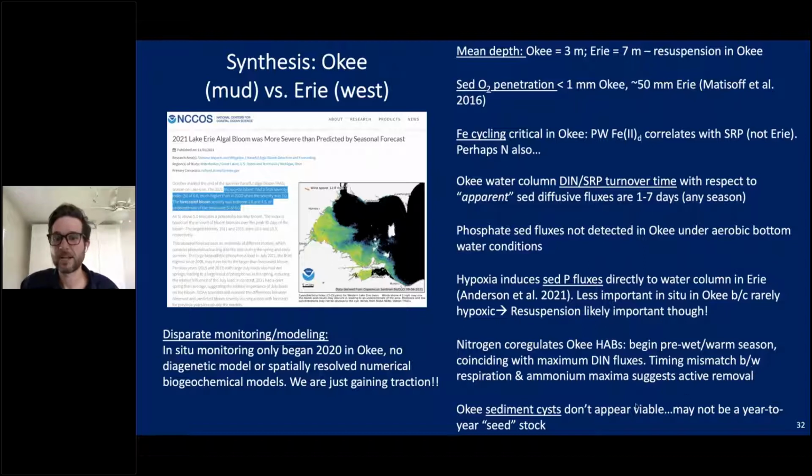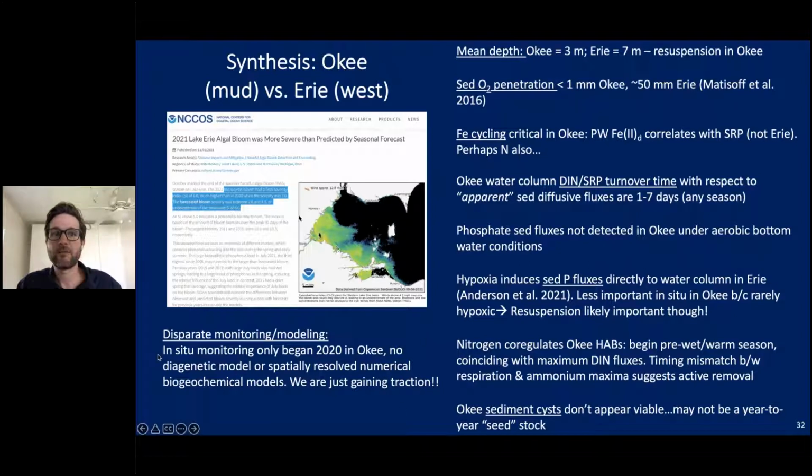The last thing that I didn't mention yet is that we did look at the sediment Microcystis cysts, and we rarely actually see them in the lake. And when we do see them, they don't seem viable. So we may not really have this year-to-year seed stock, which to my understanding is something that does happen in Lake Erie, and that's maybe the cause as to why you at least have the seeds present to start the blooms from year to year.